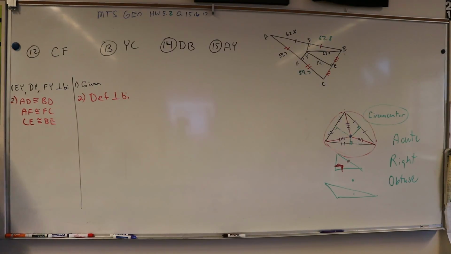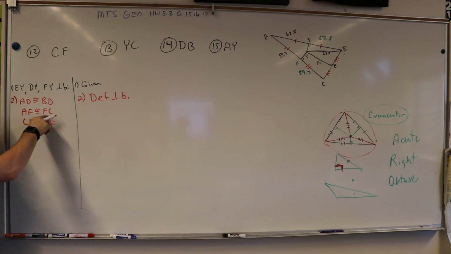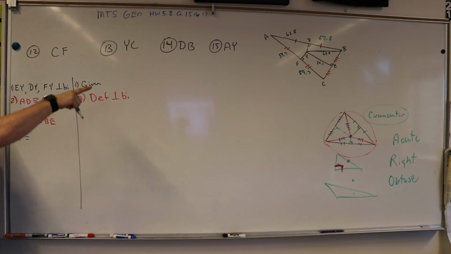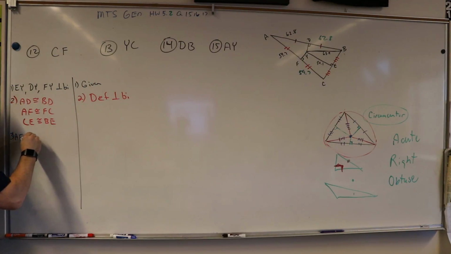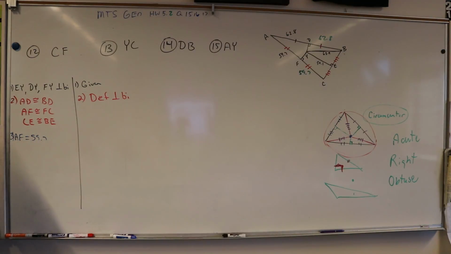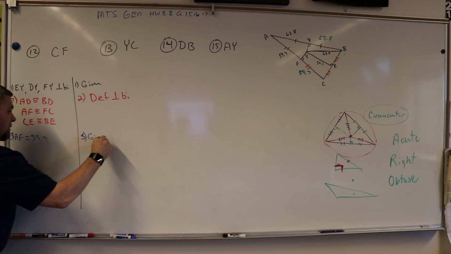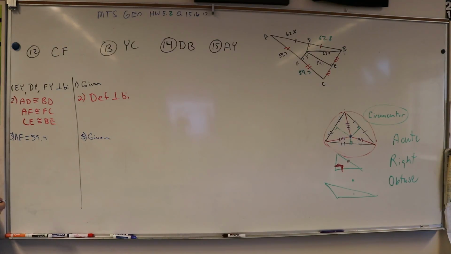With that known, then that means that CF and, well, if I know that AF is equal to 59.7, given, then what do I know?